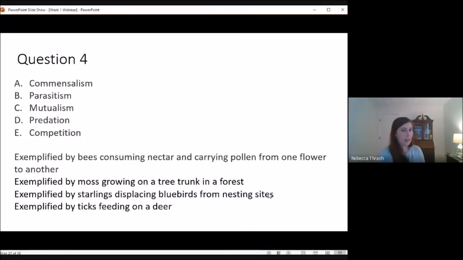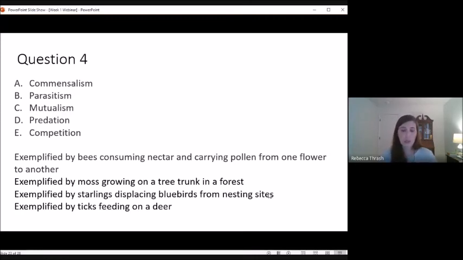So let's look at some of those symbiotic relationships and see if we can mix and match appropriately. We've got all those different community interactions we talked about previously. So which one of these is exemplified by bees consuming nectar and carrying pollen from one flower to another? Who's benefiting here?